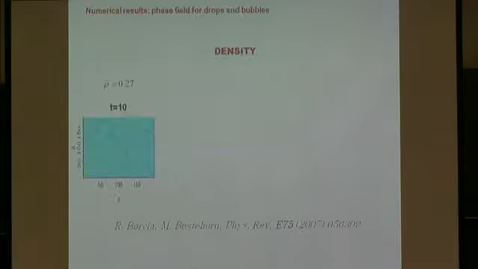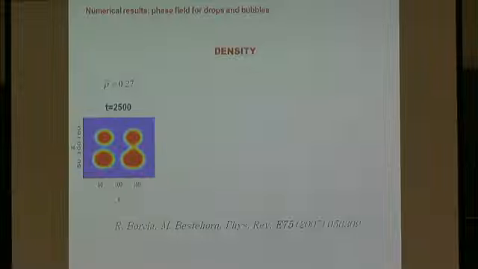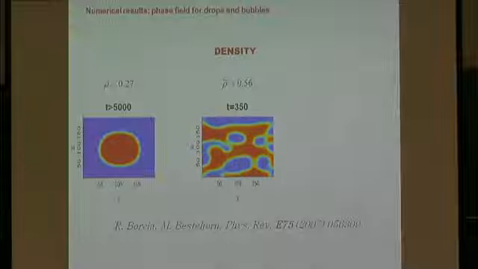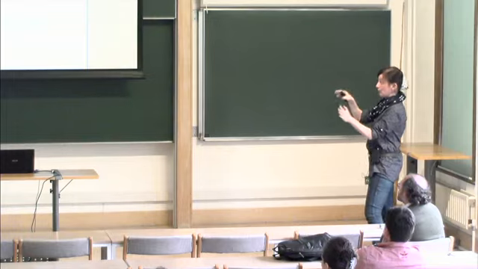So for lower mass, we'll see here how a liquid drop appears. Here red color means high density in the gas phase. Now we make the density higher, and for the system it's hard to decide between drop and bubble.